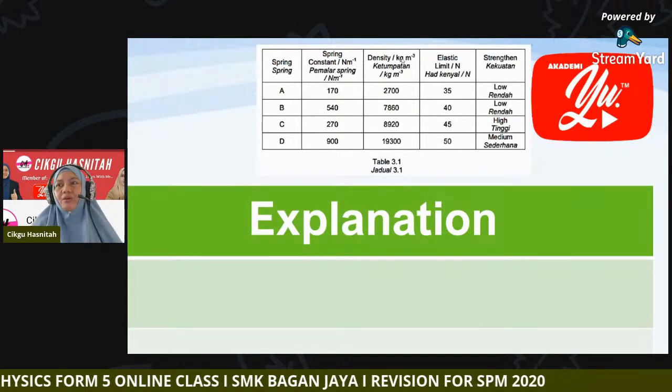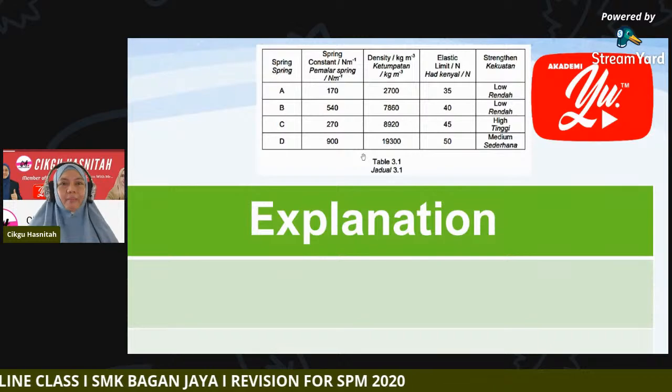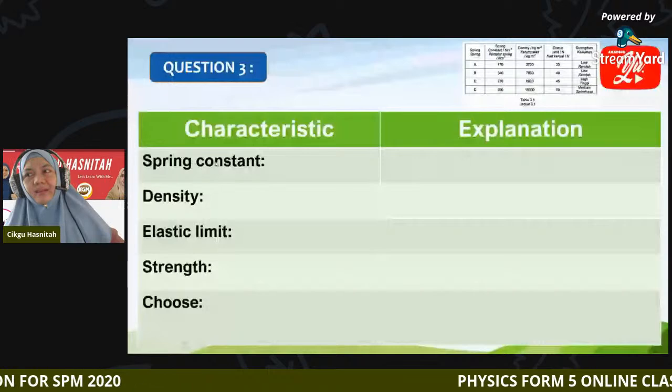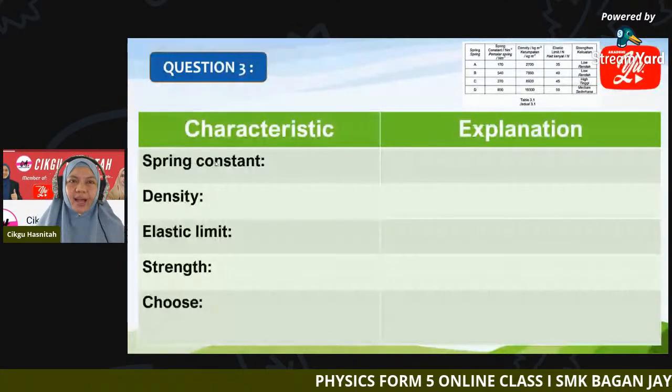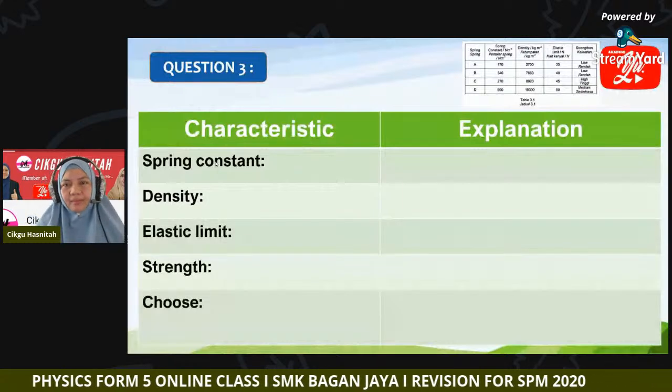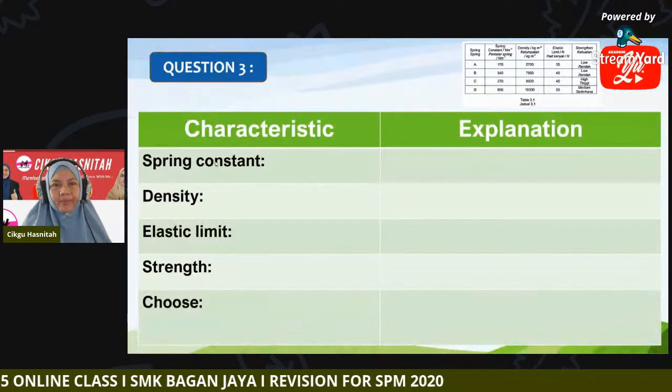Okay, talk about the first characteristic. What can you say about the spring constant? High or low, class? Spring constant, which one is a better choice? High or low? Can you respond? What is your choice?